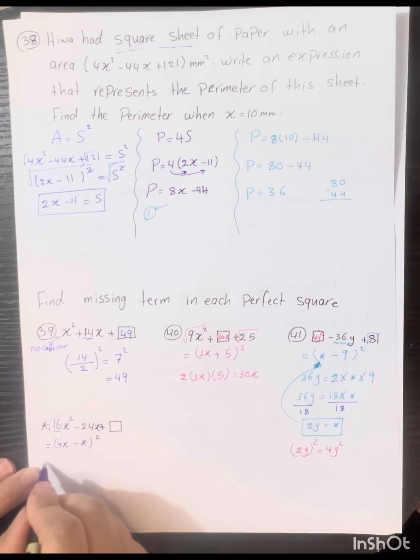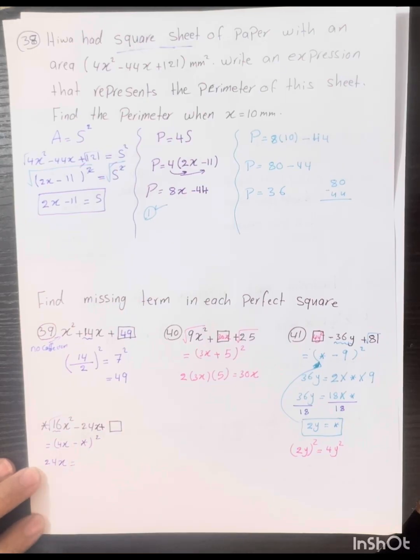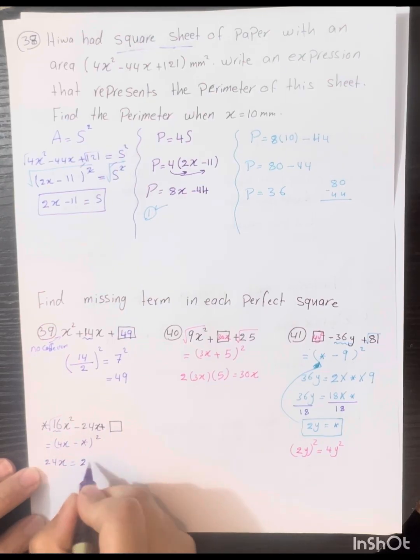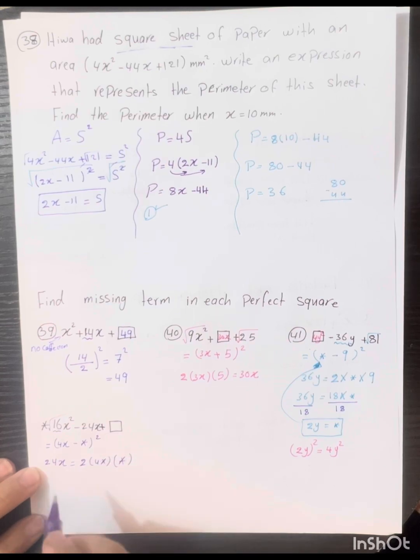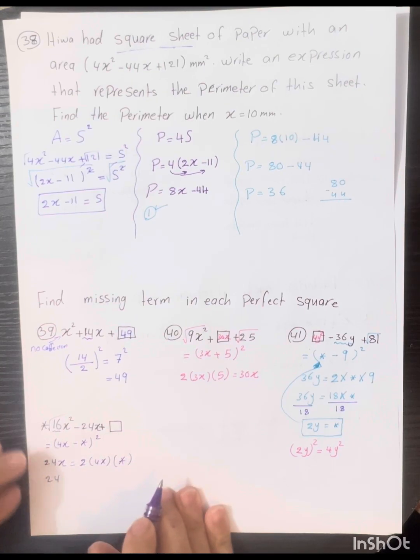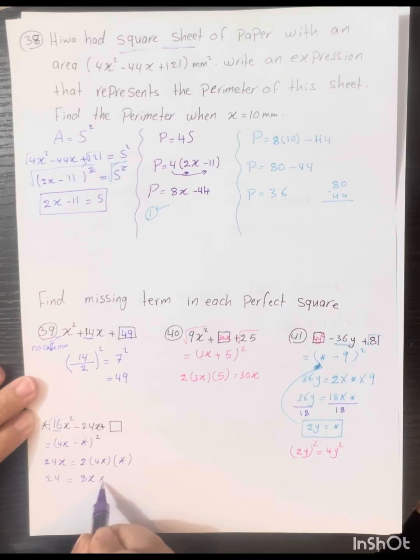Again, middle term, 24x equals 2 times first term times second term. Now 24 as it is equals 2 times 4x, which is 8x, times the missing term.